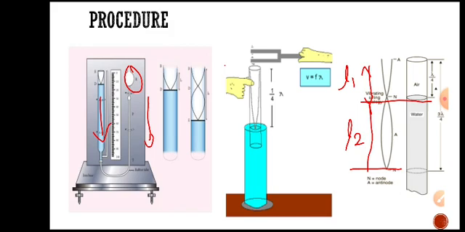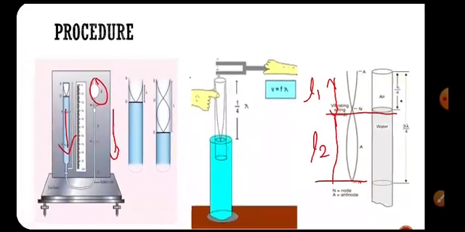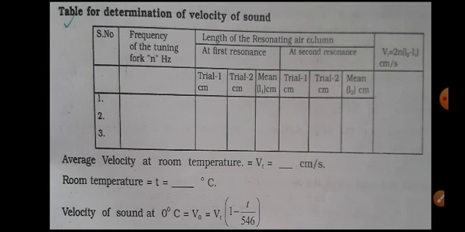The values are tabulated in this table. The velocity of sound at room temperature can be calculated by using the formula Vt equals 2n into L2 minus L1.